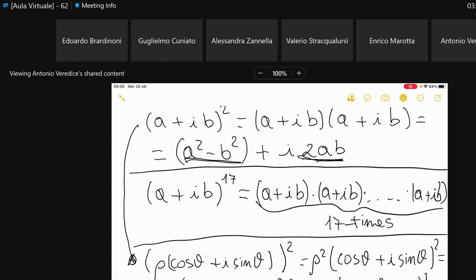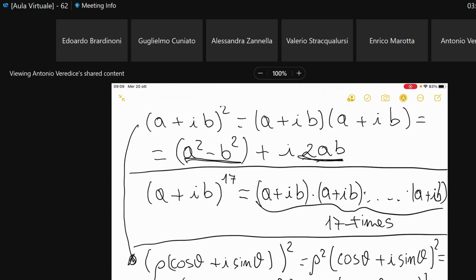Okay, at this point, if you recall some trigonometric formulas, you can recall that this is the cosine of 2 theta. This is a trigonometric formula that gives you cosine of 2 theta is cosine squared of theta minus sine squared of theta. And this is sine of 2 theta.